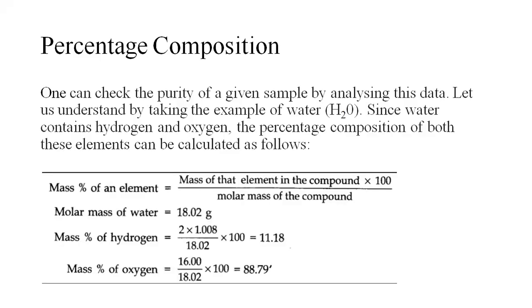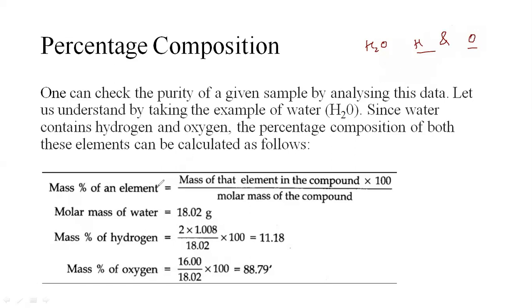One can check the purity of a given sample by analyzing this data. Let us understand, taking the example of water. Since water contains hydrogen and oxygen, the percentage composition of both elements can be calculated. How do you calculate mass percent? Water contains hydrogen and oxygen atoms, and I want to calculate the mass percent of each element.